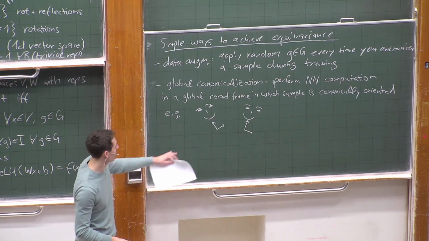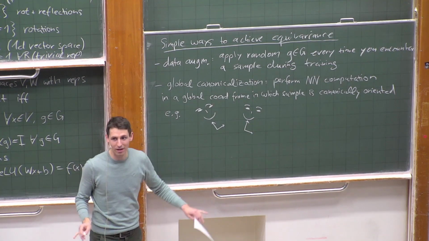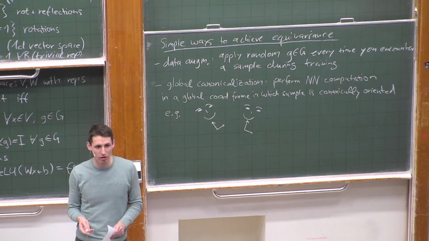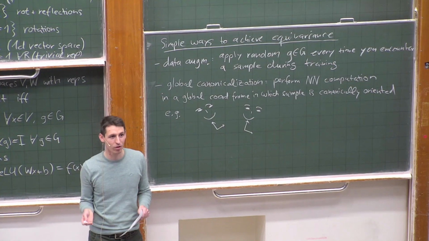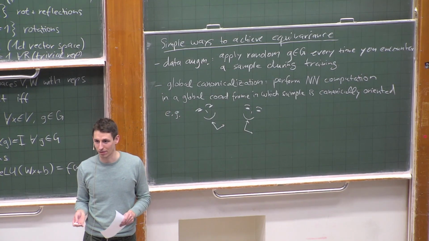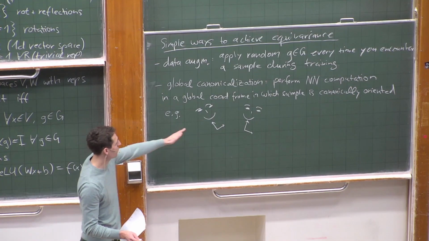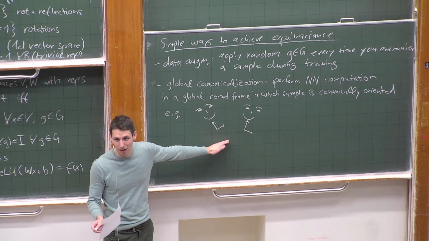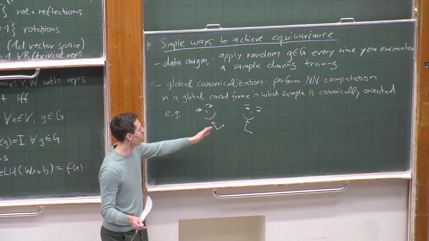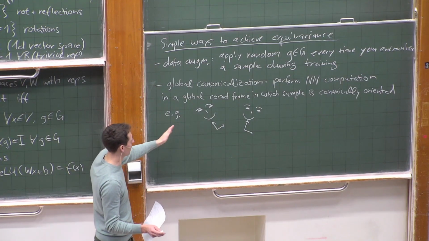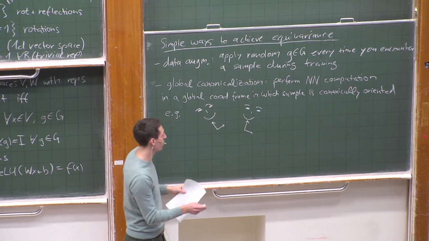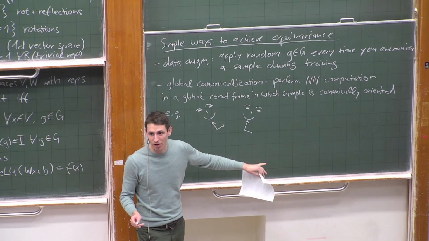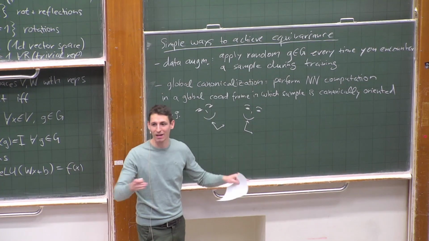And if you do it like this, you only ever have to learn, with your neural network, to do the right computation in one coordinate frame. And like that, you achieve equivariance. I mean, first you will achieve invariance by basically factoring out the global orientation of your input. But if your output is not a scalar, then you can rotate back afterwards.